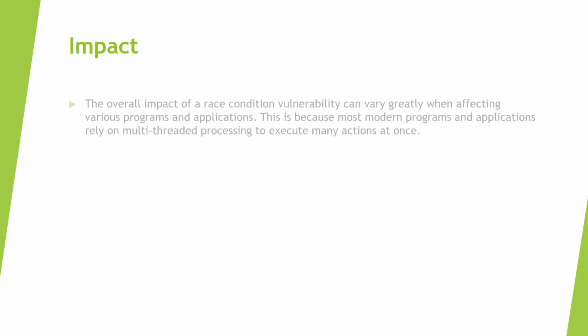Now, what are the impacts of this vulnerability? The overall impact of race condition can vary greatly when affecting various programs and applications, because most modern programs and applications rely on multi-threaded processing to execute many actions at once.